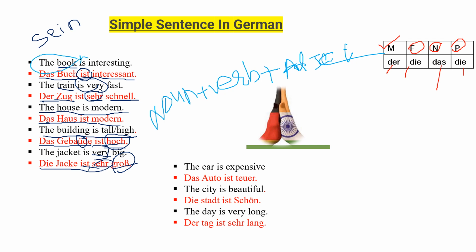It is a noun. Is what? Verb. And interesting is what? An adjective.